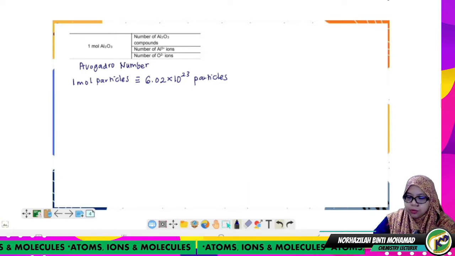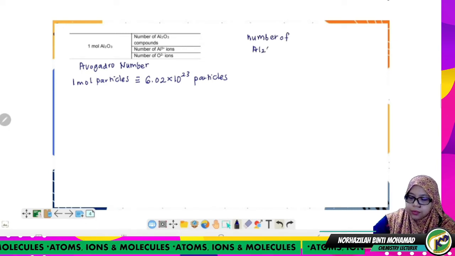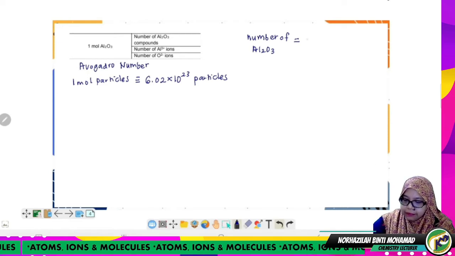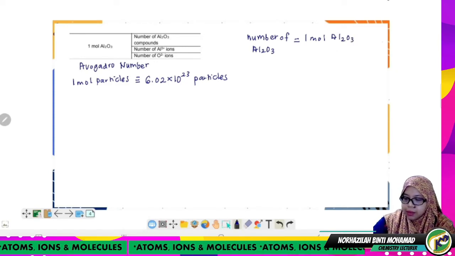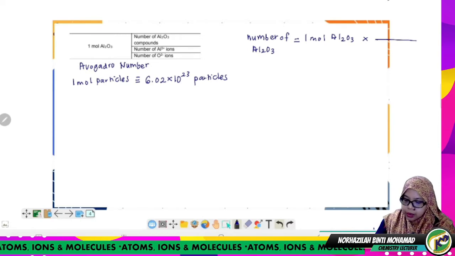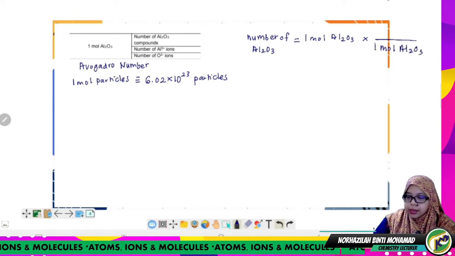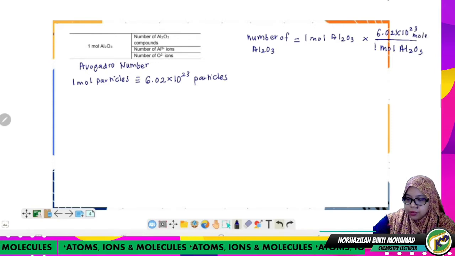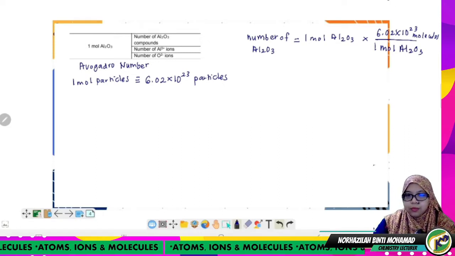Right now for the first question, we want to calculate how many Al2O3 compounds, given 1 mole of Al2O3. Number of Al2O3 is equal to... we are given 1 mole Al2O3, our compound. We want to cancel the unit of mole, so we write the 1 mole Al2O3 at the bottom and 6.02 times 10 to the power of 23 molecules at the top.